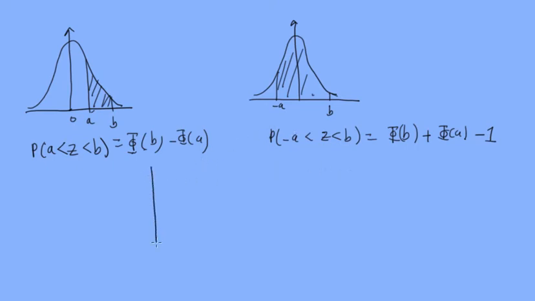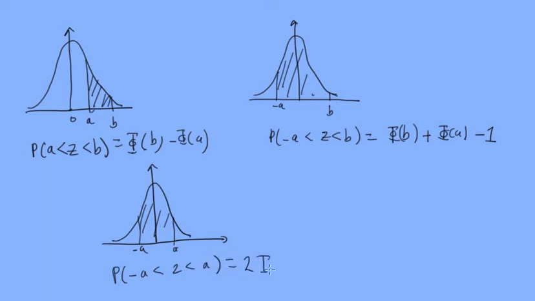And final result, for completeness, if you have the scenario where you've got minus A and A, the probability of Z being between minus A and A, we just do 2 times the phi function for A minus 1, which is logical if you look at that one.